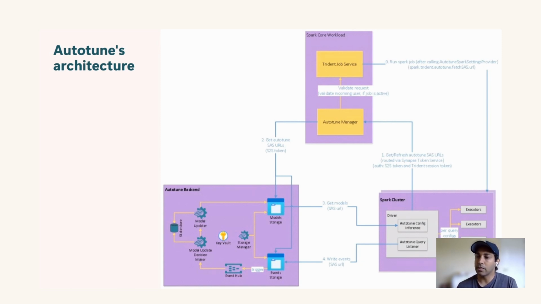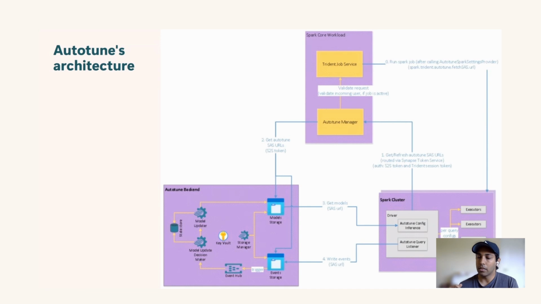The Spark driver invokes the Autotune manager and asks for a SAS URL. The Autotune manager does a bunch of authentication, authorization, and verifications before it hands out the SAS URLs to the Spark cluster. There's also a refresh mechanism because we don't want the SAS URLs to be long-lived. You get two different SAS URLs, one for the model storage and the other for event storage, and they're scoped with the right permissions and the right folder paths.